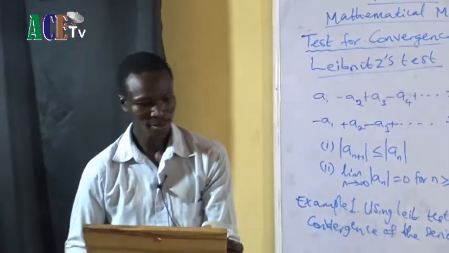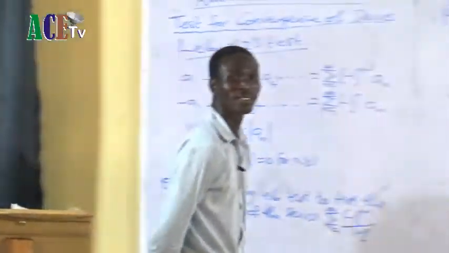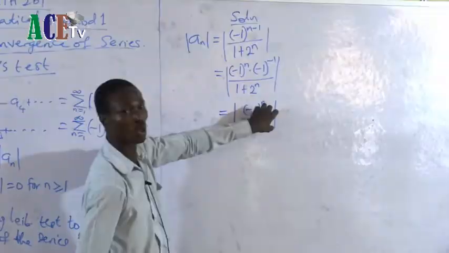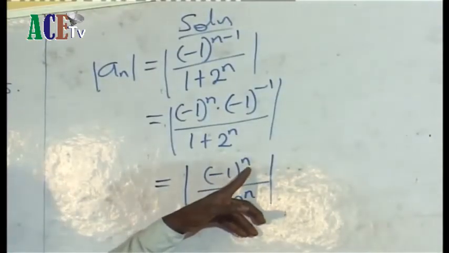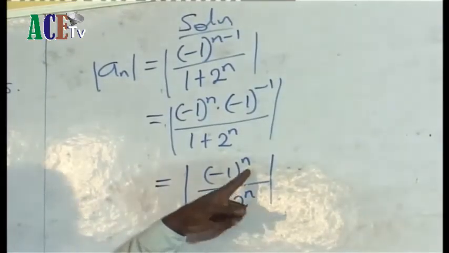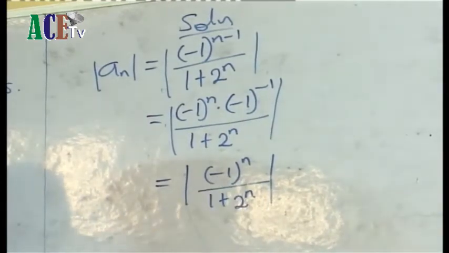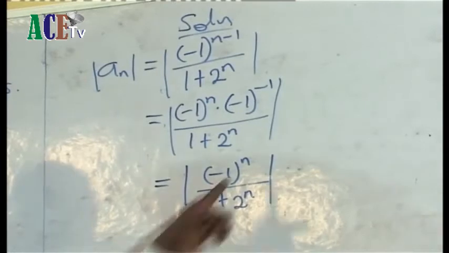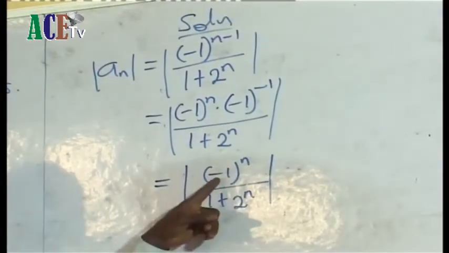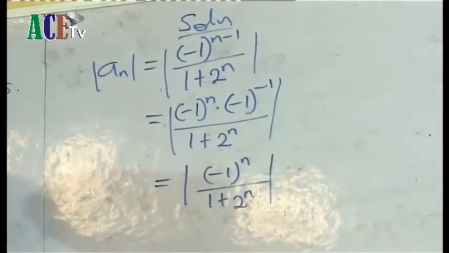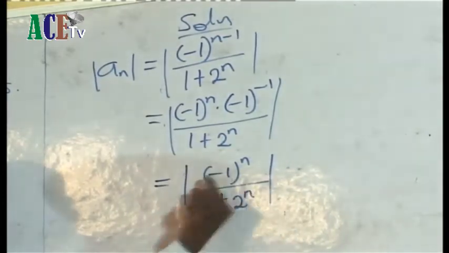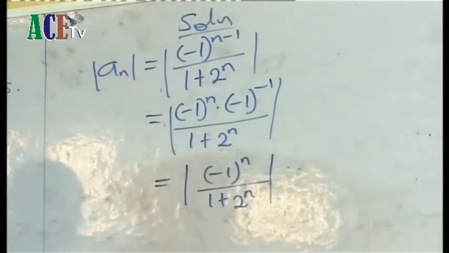After that, if I want to use this absolute value, whatever the value of n, now listen. If n is odd, don't forget, the value of this one will be negative. If n is even, the value will be positive. Now, it means I can have negative values if this absolute value is not there.